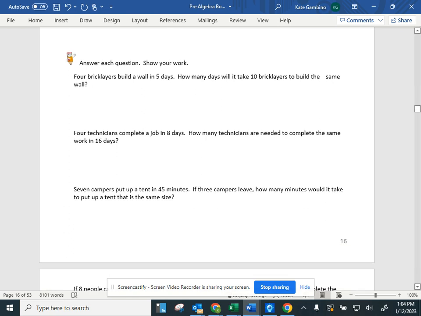So 4 bricklayers build a wall in 5 days. How many days will it take 10 bricklayers to build the same wall? So see if you can work it out and then put your answer on your whiteboard.